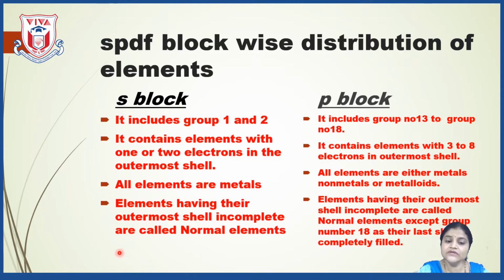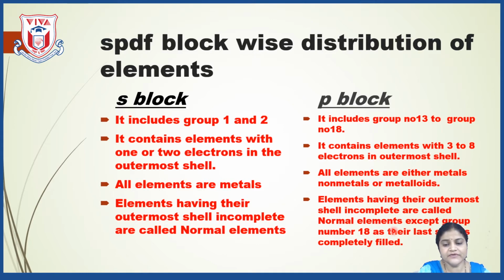That means if only one shell is incomplete, then such elements are called normal elements. In the S block and P block, elements having their outermost shell incomplete are called normal elements. But this is not applicable for group 18 or the 0 group, as their last shell is completely filled.